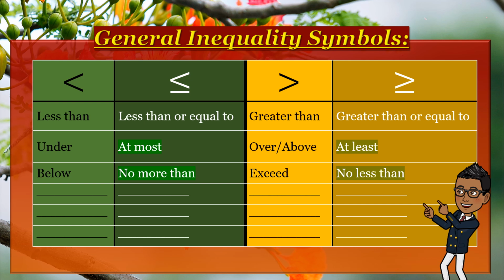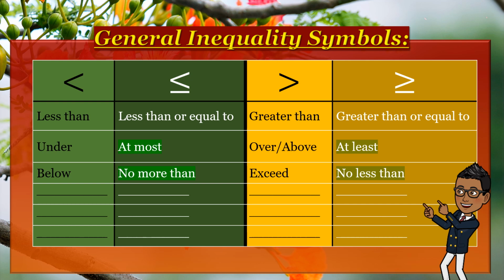Other synonyms that we can use to represent this symbol are at least, no less than. Can you come up with some more? And these ones that are highlighted are some tricky ones. As I said before, they are very tricky and we usually see them in the exams.